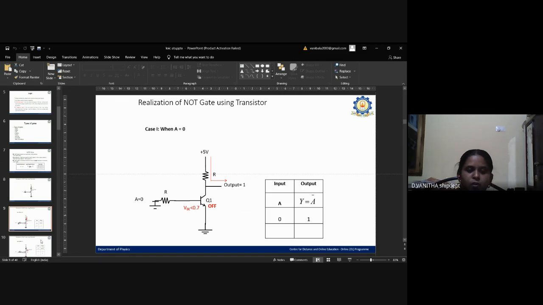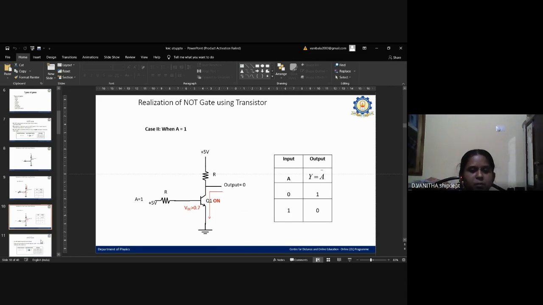Out of the three, we use the saturation and cutoff modes for the NOT gate design. With the base of the transistor, one resistor is connected, and with the collector of the transistor, one resistor is connected.